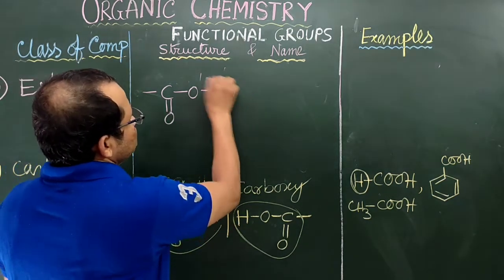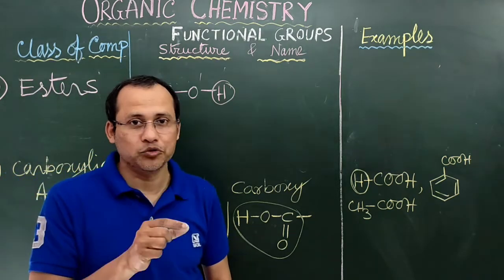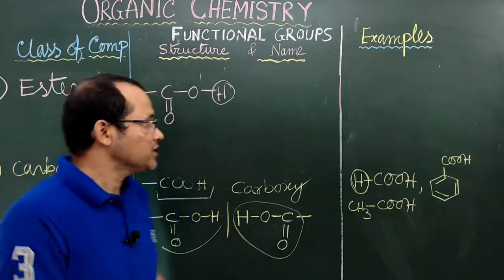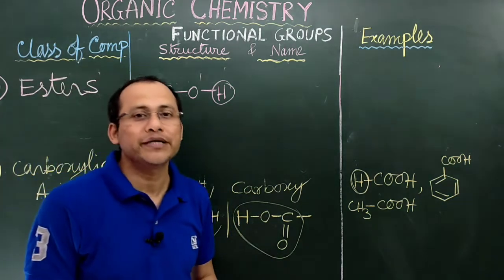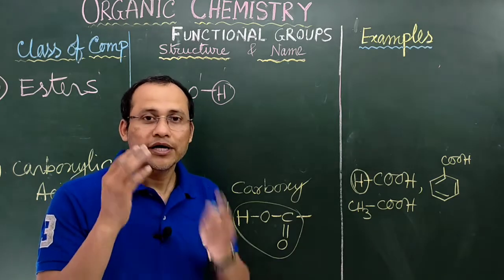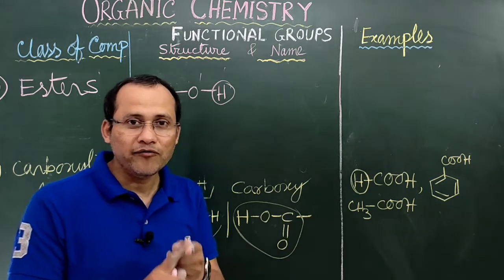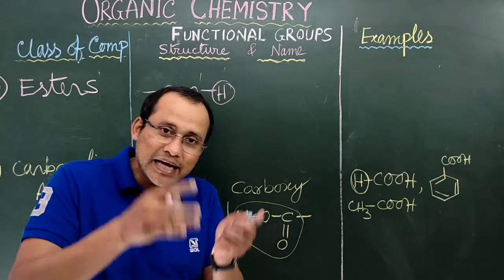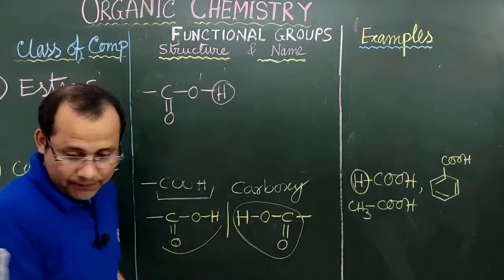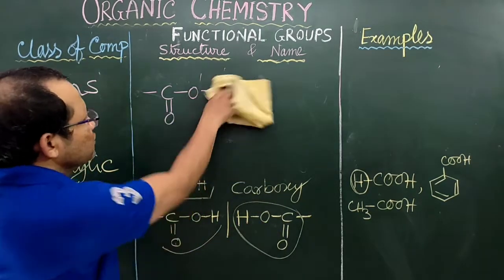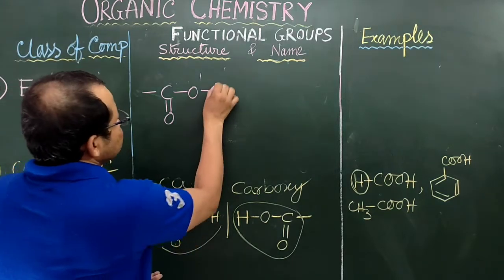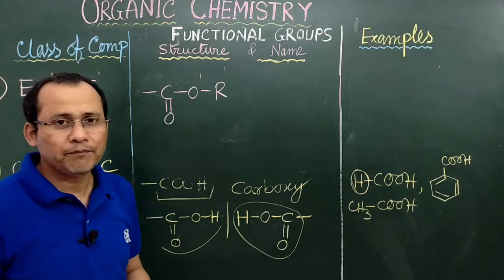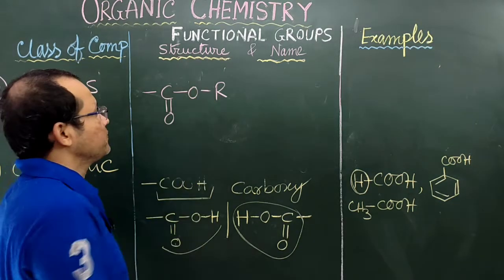Now if this hydrogen is replaced by any alkyl group like CH3 or C2H5 or something like this, then the corresponding compound will be termed an ester. So an ester is an example of an acid derivative, that is, a compound which is derived from an acid. If we replace this one by an R group, then it may be like this, R, and what will be the name of this functional group?